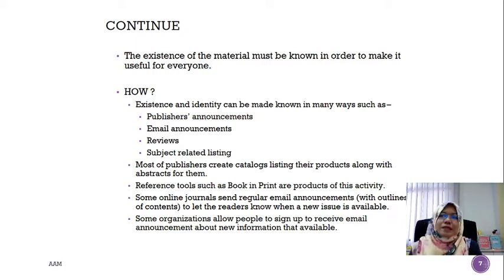If yes, they can buy that book or material. Reference tools such as Books in Print are products of this activity. Some online journals send regular email announcements with an outline of contents to let readers know when a new issue is available, and some organizations allow people to sign up to receive email announcements about new information that is available.